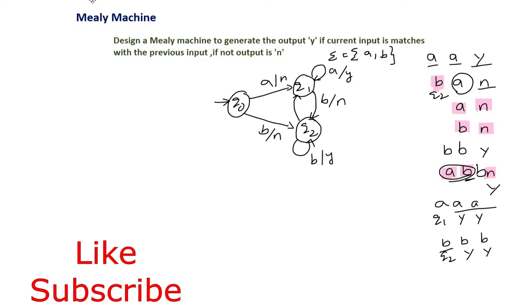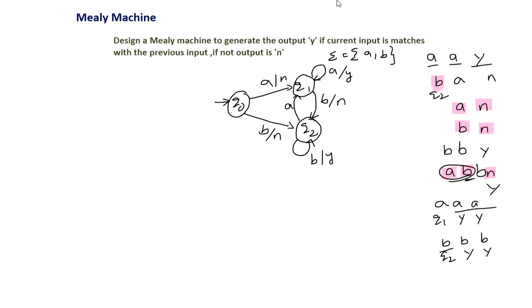So Q2 on A, it has to connect to Q1. Why we are connecting to Q1 is, after this A, if one more A is seen, the output is Y. So the state is Q1.